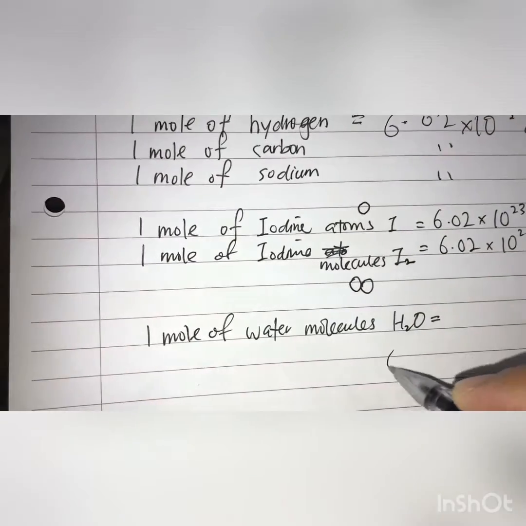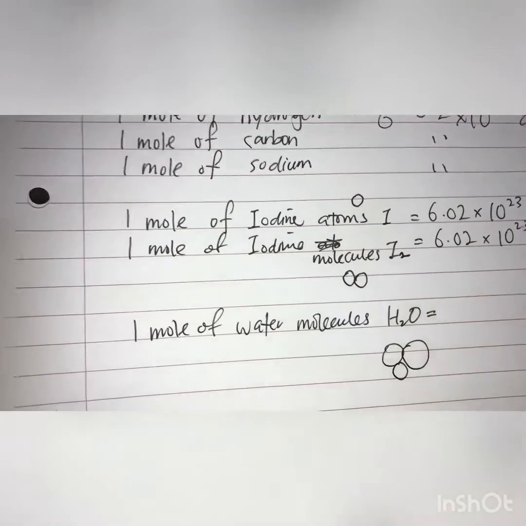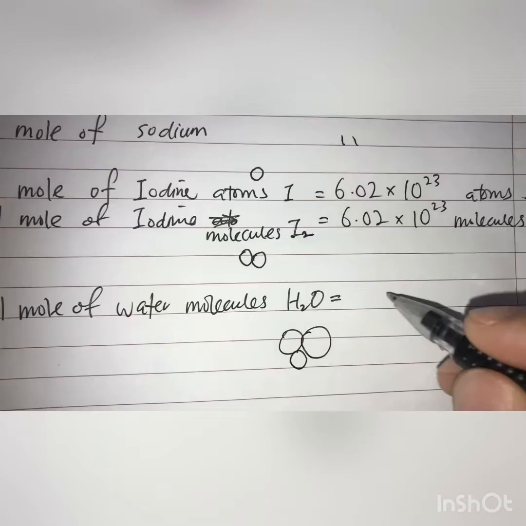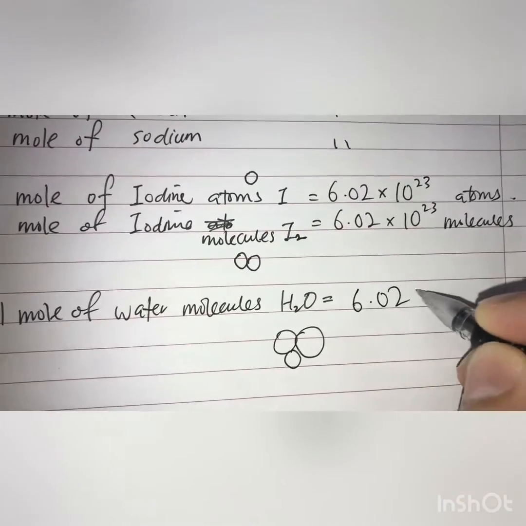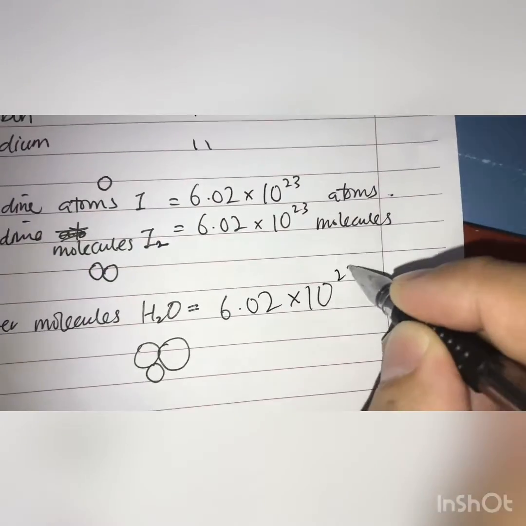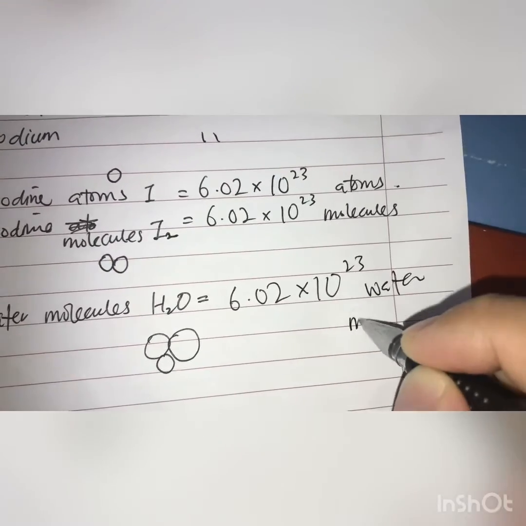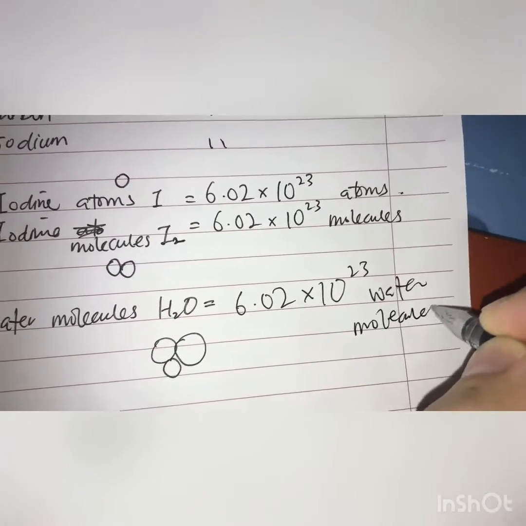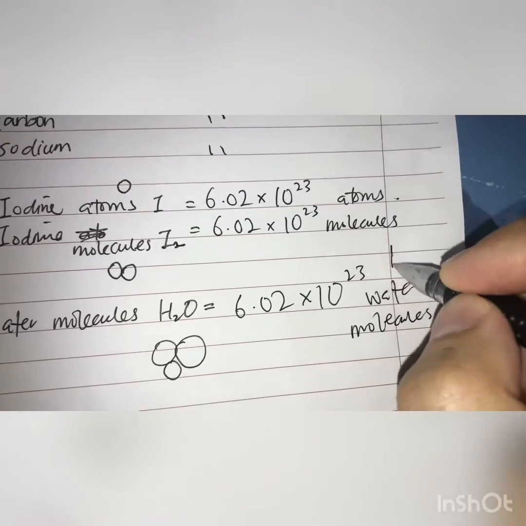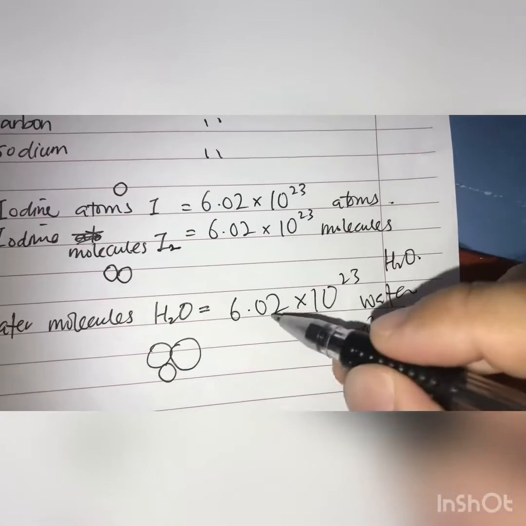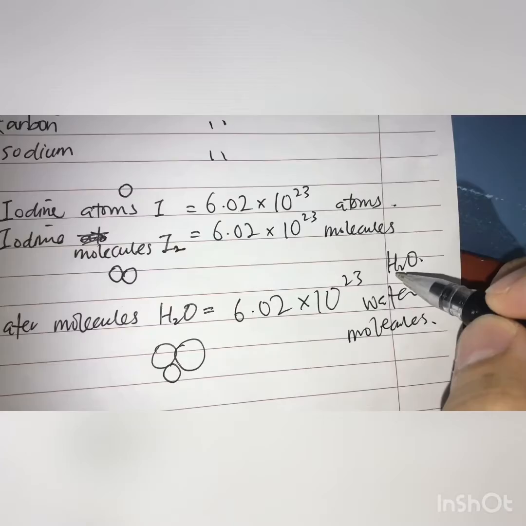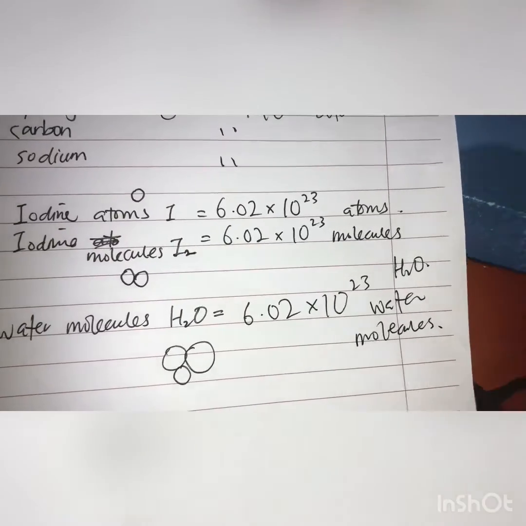So H2O, there are 3 atoms here. Okay, so the answer will still be the same, 6.02 times 10 to the power of 23 water molecule. So H2O, they will have 6 times 10 to the power of 23 H2O molecule.